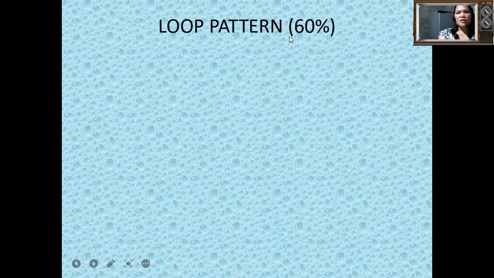Okay, let us proceed with the loop pattern, of which the percentage of appearance is 60%. That is why if you happen to see a set of fingerprint patterns, the majority or almost all patterns belong to loop, whether it is ulnar or radial.